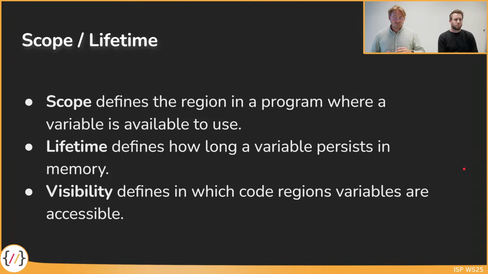We can specify a variable that might be within the scope, but for example, it's not visible. So imagine you're in a house, and within the house you have a variable. You know this variable exists somewhere in the house, but you're not able to see it, not able to access it because it might be in another room.